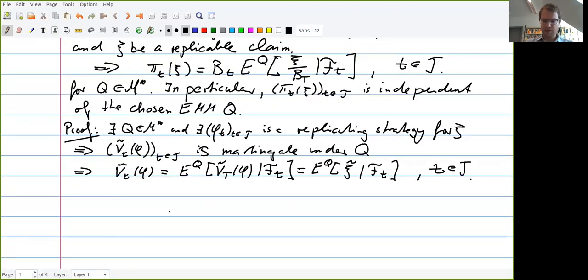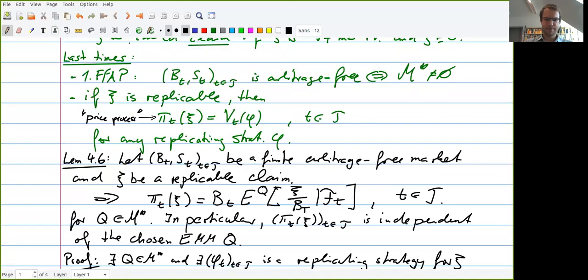Well, but now let us use the lemma we proved last time at the end, so this is at least part of the content. So this is Lemma 4.5.